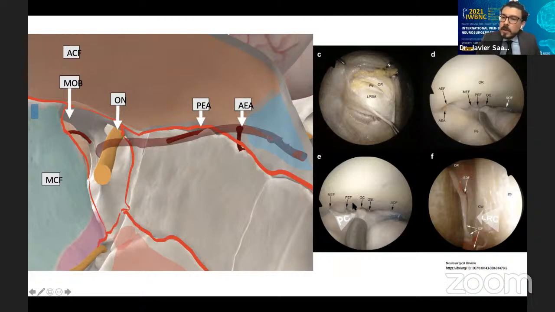It's not more than 7 millimeters of distance between the posterior ethmoidal foramen and the optic canal. So if you start dissecting superiorly and you get access to see the anterior ethmoidal foramina and the posterior ethmoidal artery, you will very quickly know that you are very near the optic nerve, and you have to be aware of it so you don't injure the nerve.